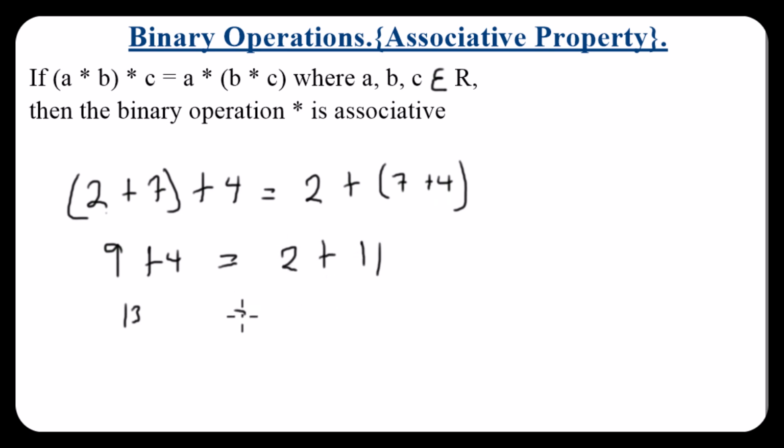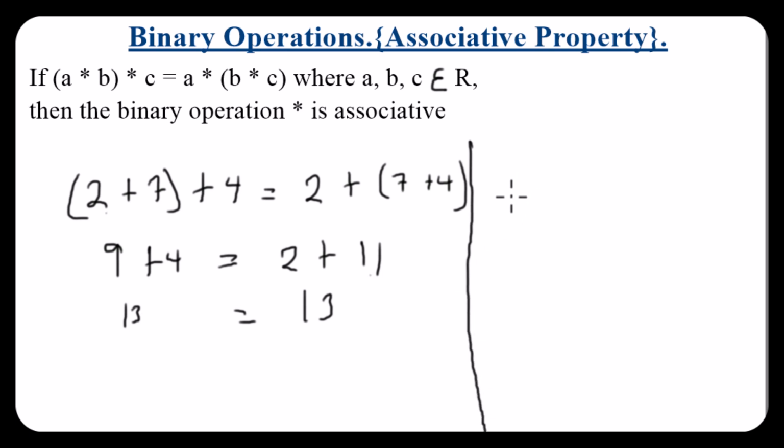And then 2 plus 11 gives us 13. So you can see that the expression on the left hand side is the same as the expression on the right hand side. So definitely, addition of real numbers is associative. This expression is equal to this expression, so the operation is associative and the order doesn't matter.